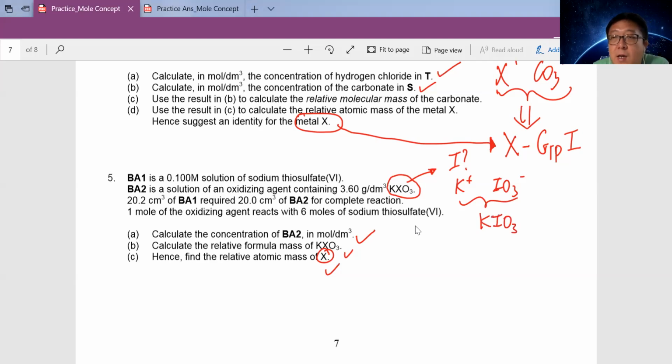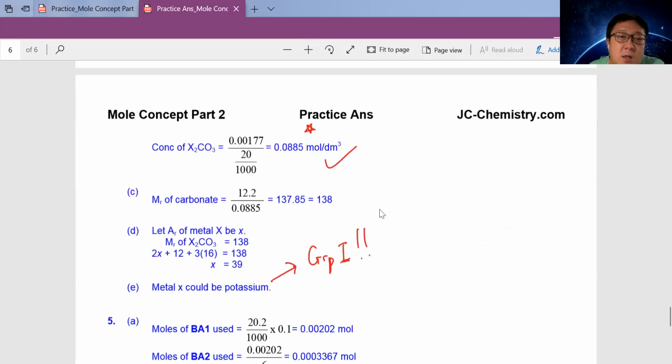Your X is I. Maybe chlorine also, can be chlorine also. So can be one of the halogens. Group 7. Okay, later we confirm. So is it group 7? So the question at the back of our mind: is it group 7? Okay, so later we check the atomic mass of X. We can roughly tell.